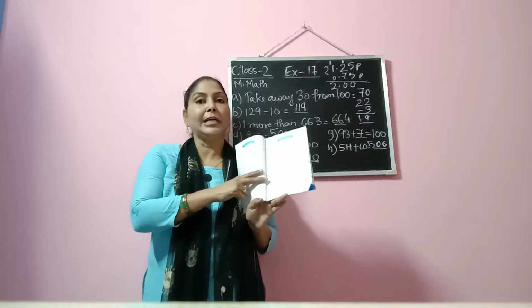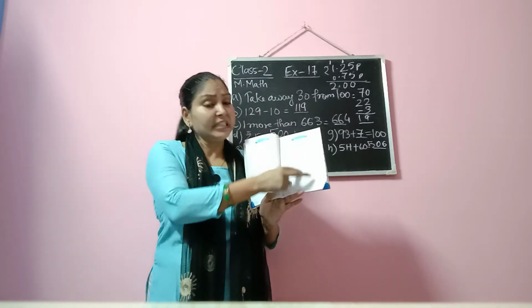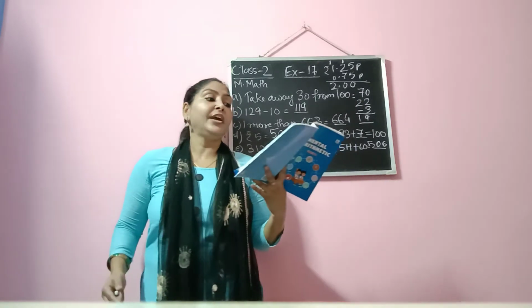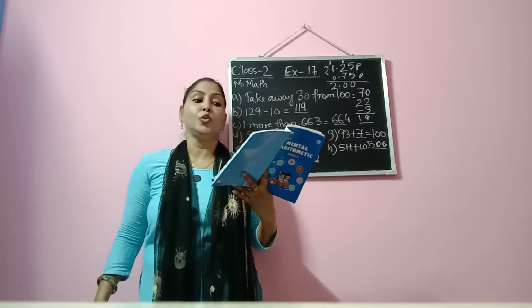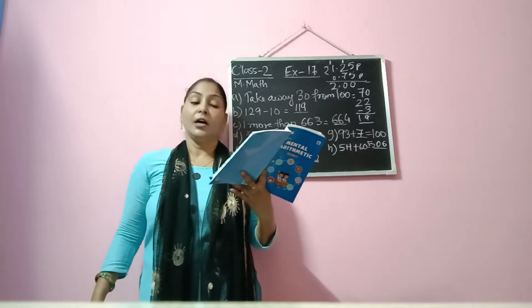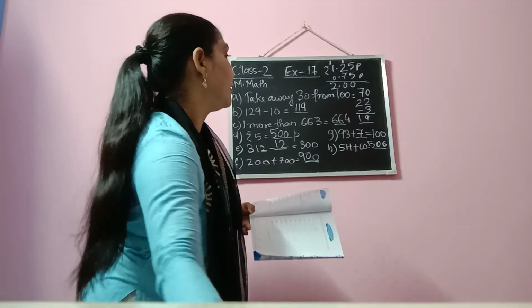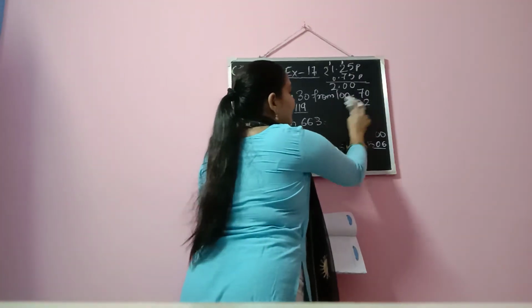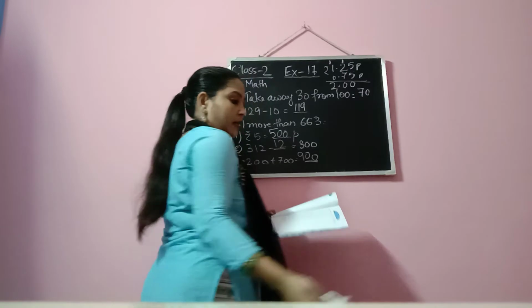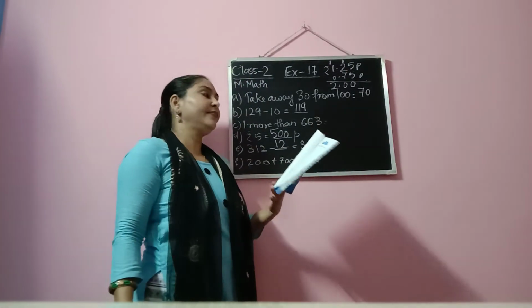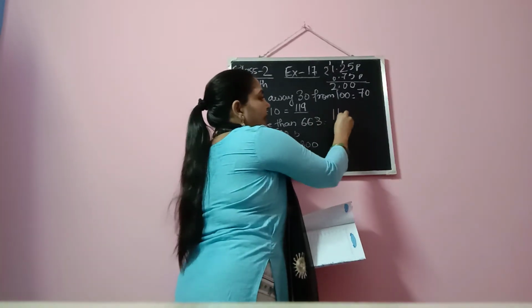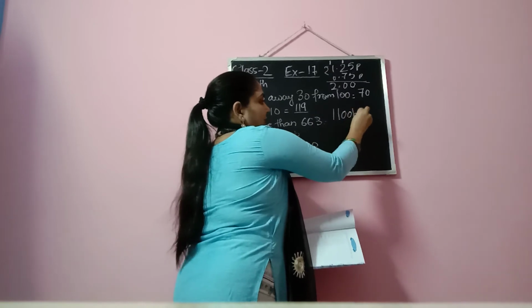Now in 19 you can see the questions given where you have to convert paise into rupees. I told you how to do that. So you see one sum is already done for you. The first one is done for you, like 1100 paise.